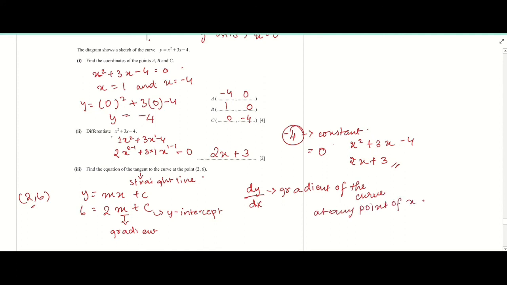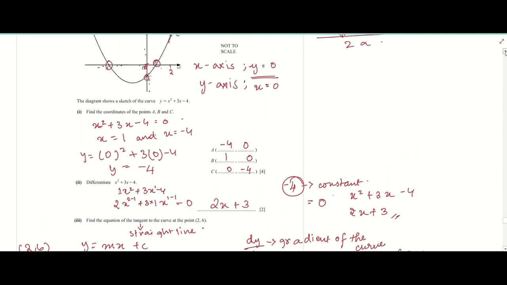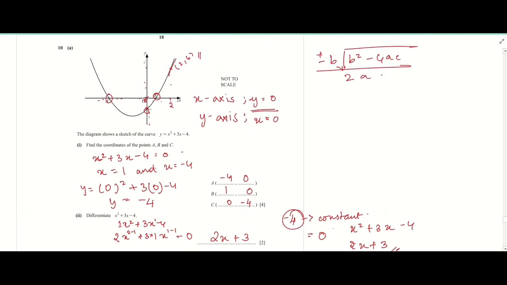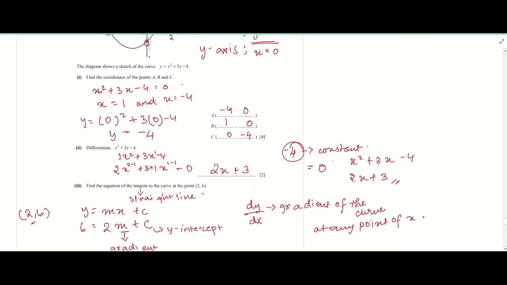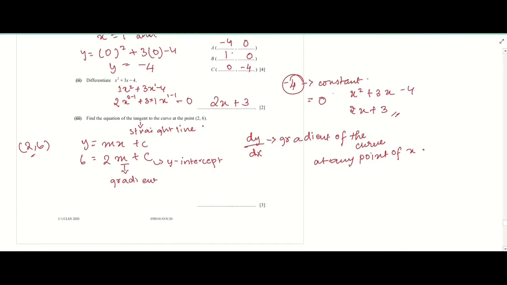I already have the equation of the curve. If I scroll up, you can see that the gradient is always changing. The gradient at this point and the gradient at this point are not the same, they are different, right? We already have the equation of the curve, and we differentiated it, so we know that dy by dx equals 2x plus 3. We're already given the x value, so 2 multiplied by 2 plus 3, dy by dx equals 7.